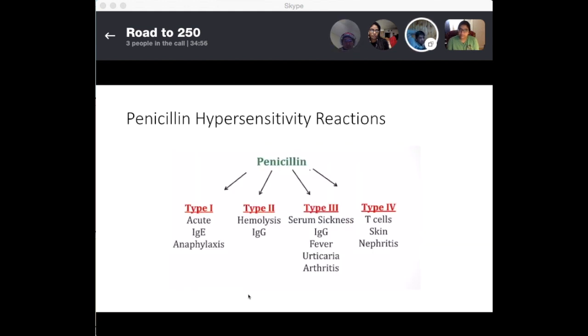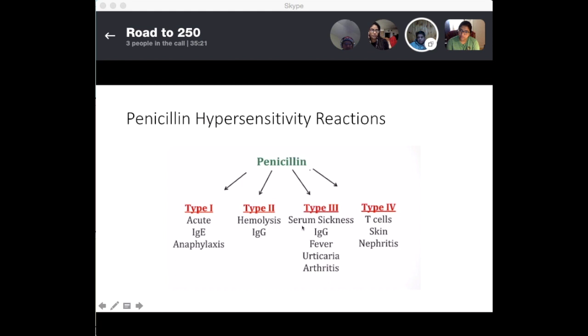And basically, I wanted to cover this: when First Aid says hypersensitivity reactions, I always get confused. Are they talking about type 1, type 2, type 3, type 4? In essence, penicillins can cause a variety of hypersensitivity reactions. Type 1, again, is your anaphylaxis. Type 2 would be your hemolysis due to IgG.